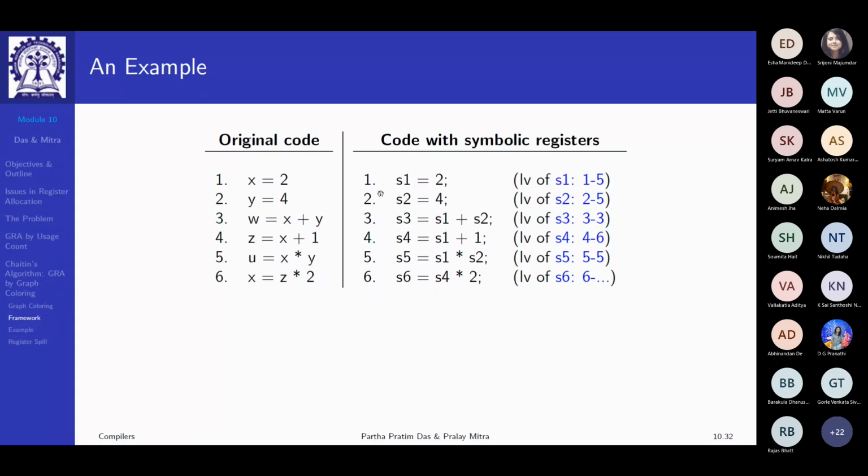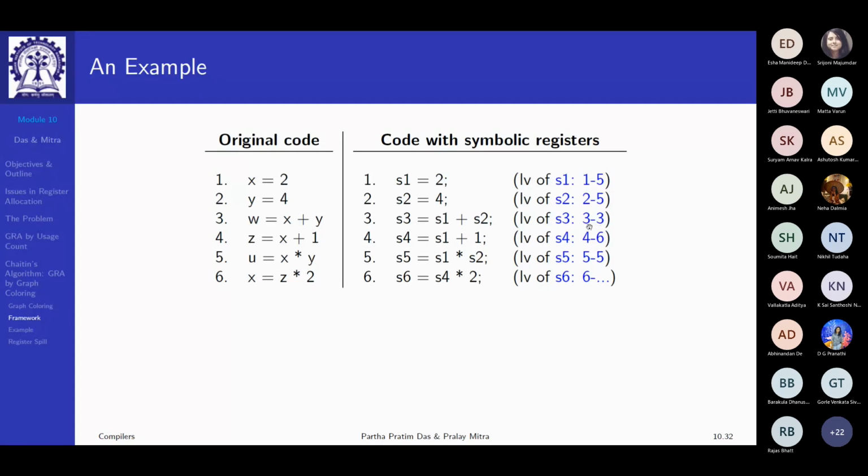Similarly, Y, which is defined in 2, has a range which is 2 to 5. W, which is defined here, does not have a use in this overall range.